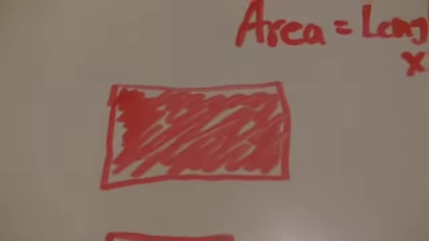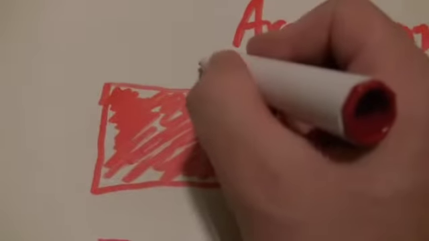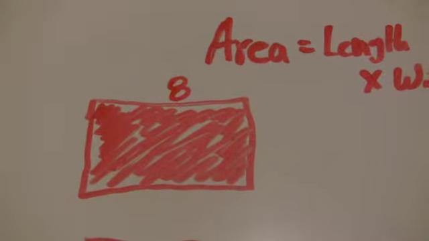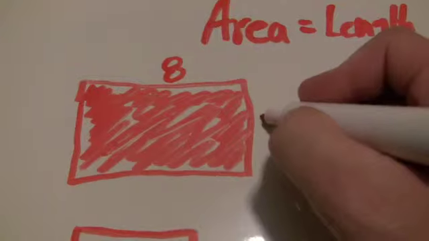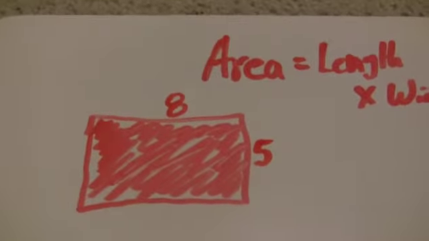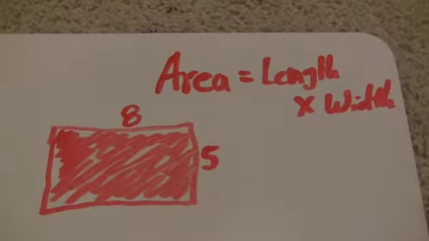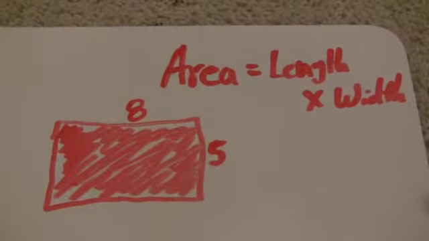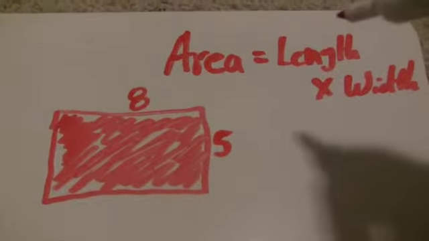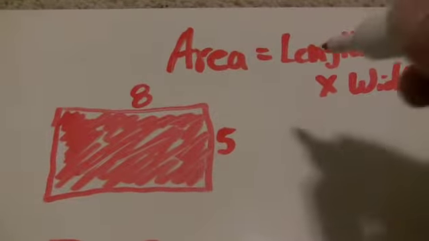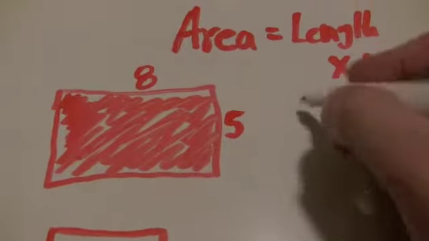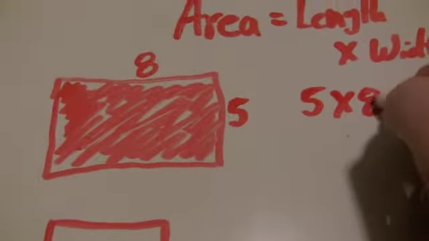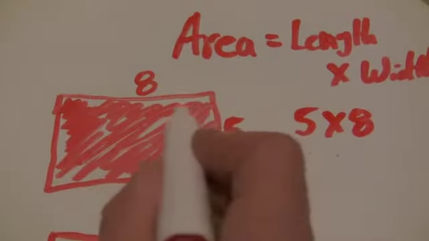If we go back to this one I've already shaded in, if we know that one side of that rectangle is an 8, and we know the other side is a 5, in order to find area of that rectangle, we would take the length, which in this case, it doesn't matter which one you use, but most of the time when we think length, we're kind of talking about height, which would be 5 times 8, which would be how wide that rectangle is.